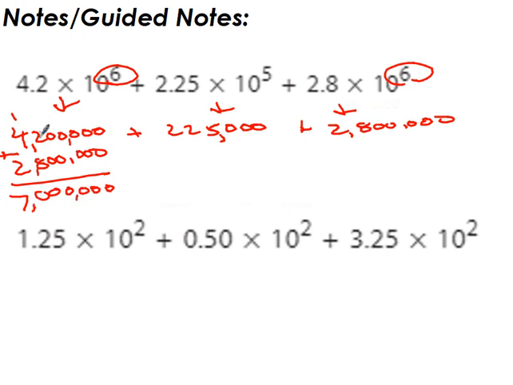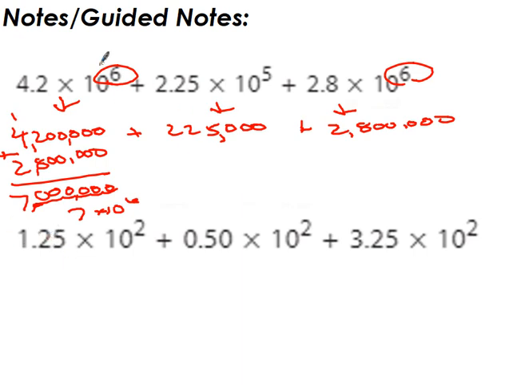So 4.2 times 10 to the 6 and 2.8 times 10 to the 6, if I combine these, the digits are already lined up. I would have gotten 7 million when I added them, or 7 times 10 to the 6th power, because I can always go 1, 2, 3, 4, 5, 6. That's 7 times 10 to the 6th power.